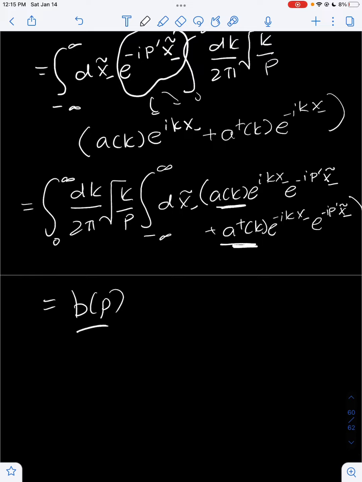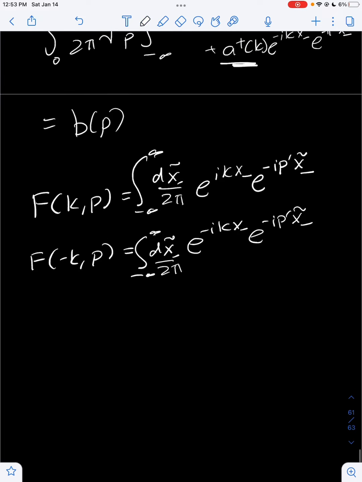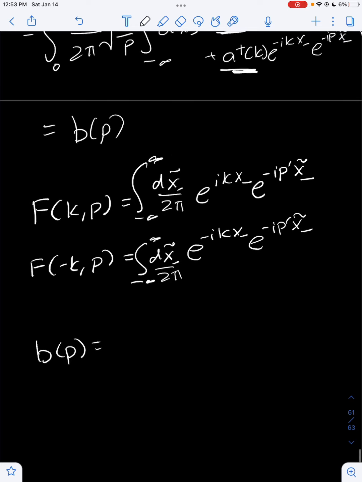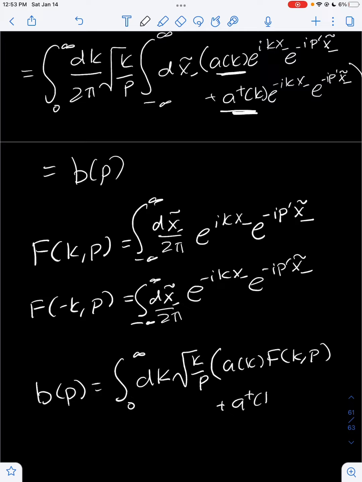Now, to make this a bit nicer to look at, we can define some function f of kp, where f of k is equal to this. And this means that we can write b of p as the integral from 0 to infinity dk square root of k over p times a of k f kp plus a conjugate k f minus kp.